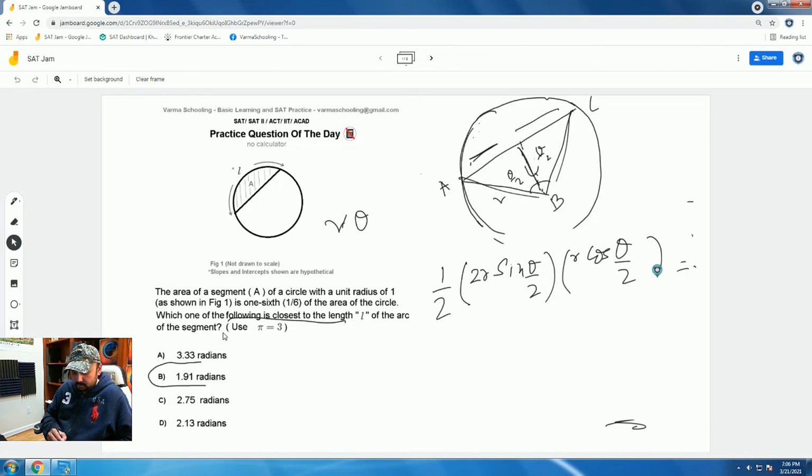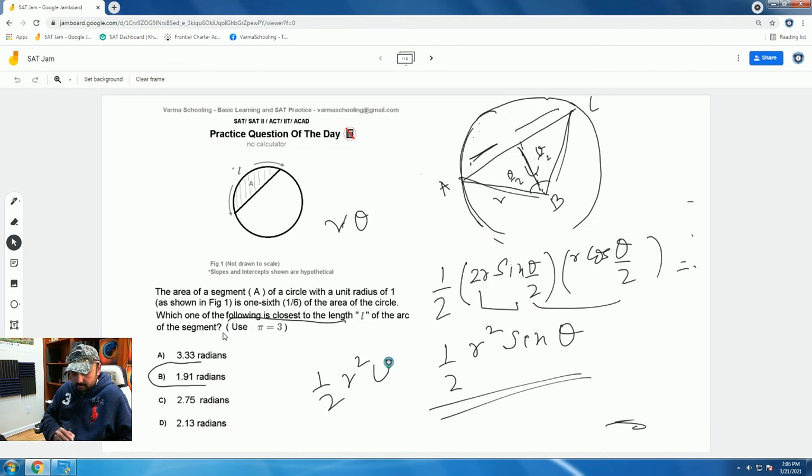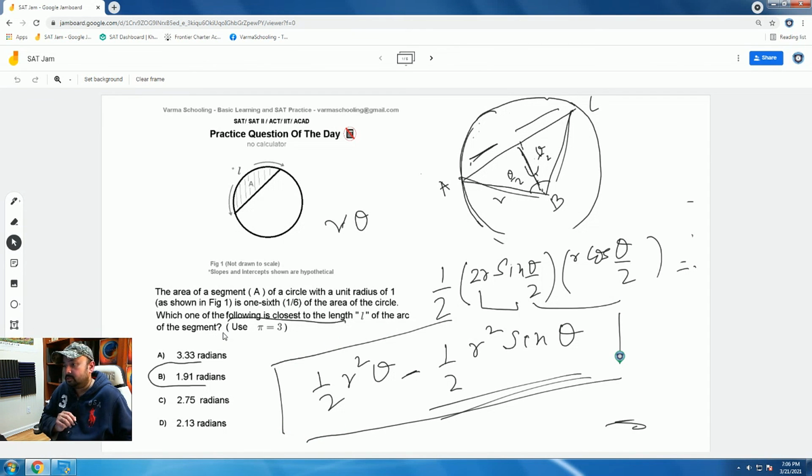So 2 sine theta by 2 cos theta by 2 becomes sine theta, giving half r squared sine theta. Area of the sector is half r squared theta. So the area of the segment formula you can derive as half r squared theta minus half r squared sine theta.